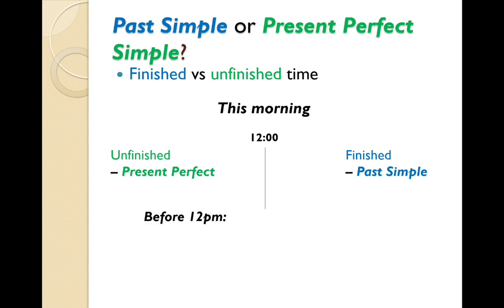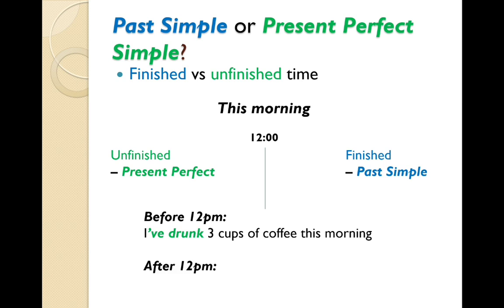So if you're speaking before 12 p.m., I've drunk 3 cups of coffee this morning. It is still this morning, and I could drink more coffee before the morning has finished. After 12 p.m., I drank 3 cups of coffee this morning. We would use the past simple because it is not morning anymore. The morning has finished, and it is now afternoon or evening.